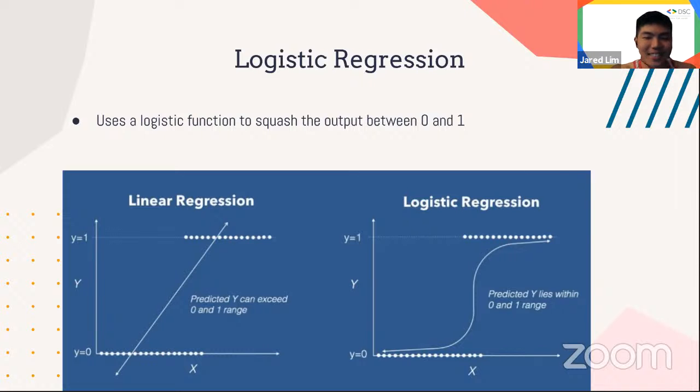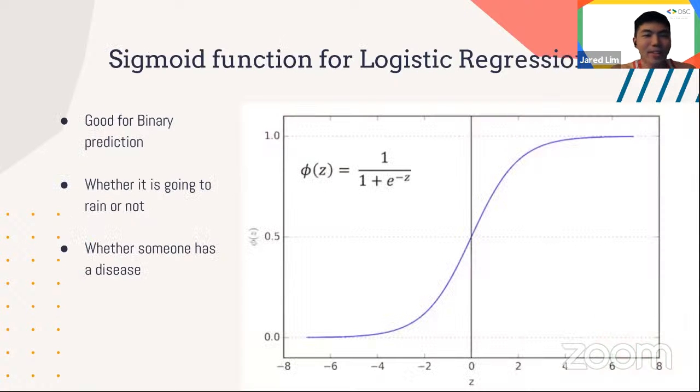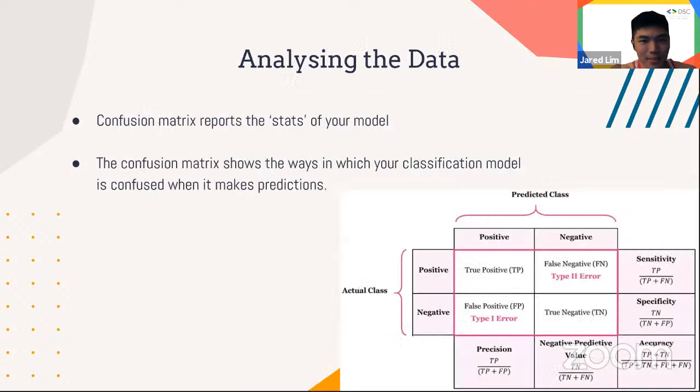This is usually very good for binary predictions, like whether it's going to rain or not, whether this particular image is a dog or not, or whether someone has a disease or not. The logistic function is actually the sigmoid function, which is this particular function. Basically, that's about it.